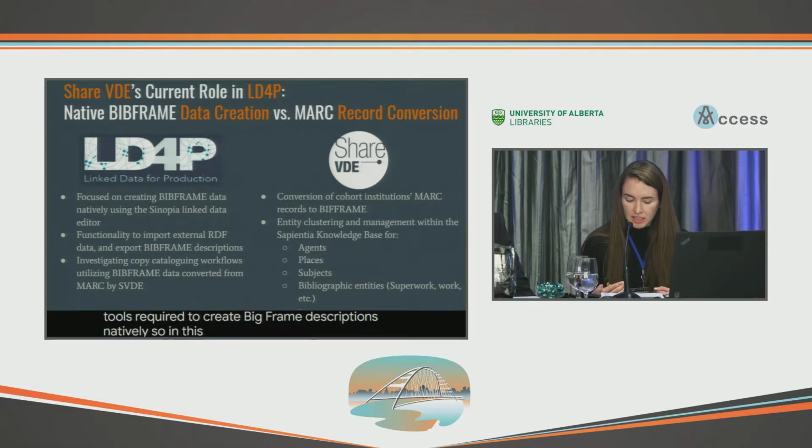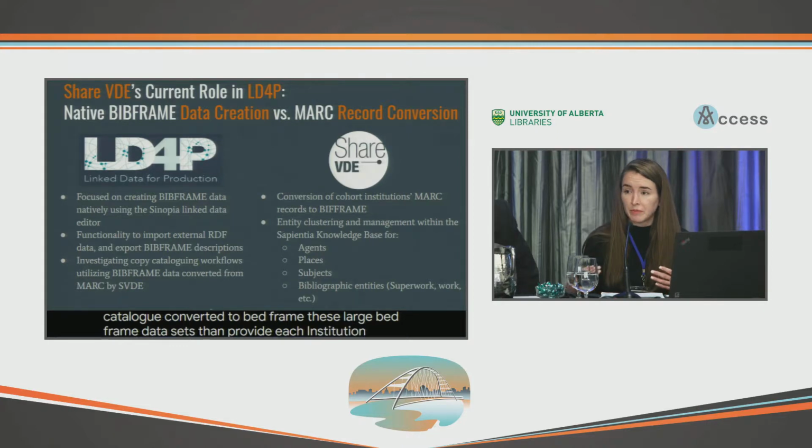So in this context, what Share VDE is contributing is the MARC to BIBFRAME conversions, reconciliation, and enrichment of each cohort institution's catalog records, so their entire MARC catalog converted to BIBFRAME. These large BIBFRAME datasets then provide each institution with a BIBFRAME base upon which they can build and connect to using these native BIBFRAME descriptions that they're creating through the LD4P project work.